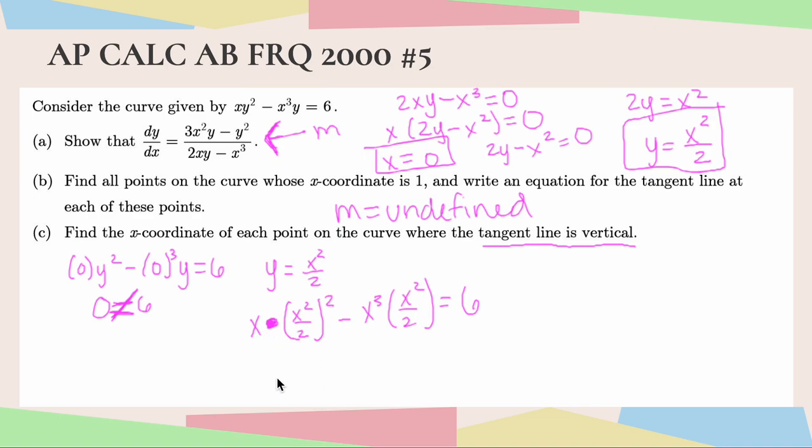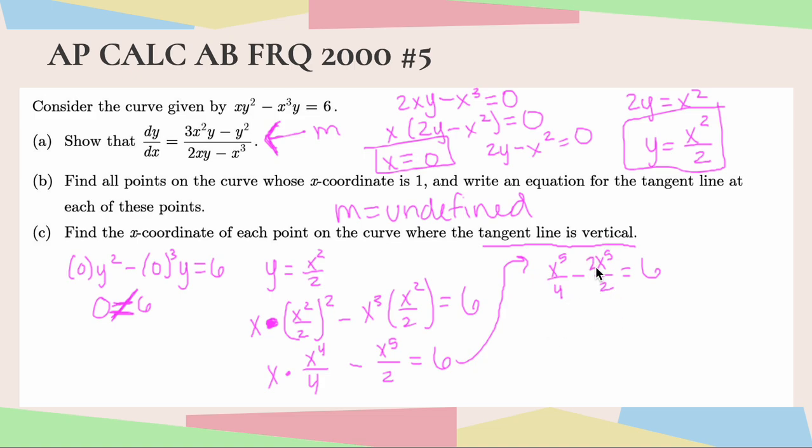Okay, moving on. This is going to become x times x to the 4th over 4 minus x to the 5th over 2 equals 6. Okay, moving up here. x times x to the 4th over 4 is going to give me x to the 5th over 4 minus x to the 5th over 2 equals 6. Now I'm going to get a common denominator.